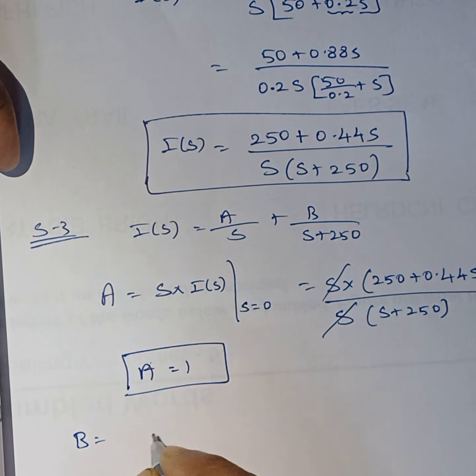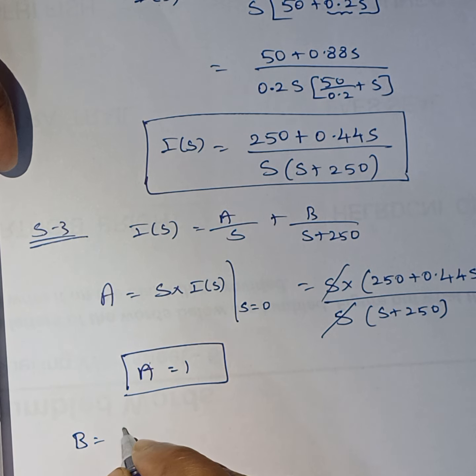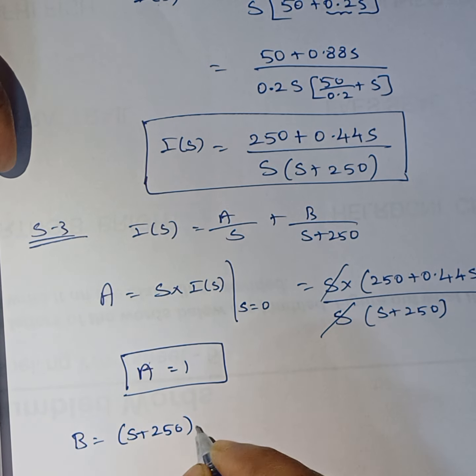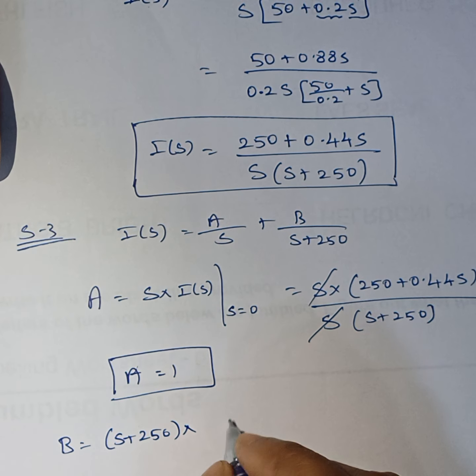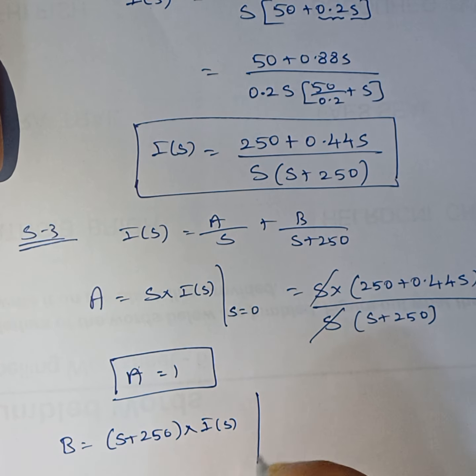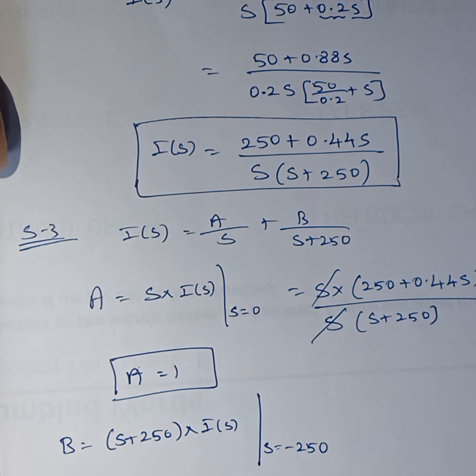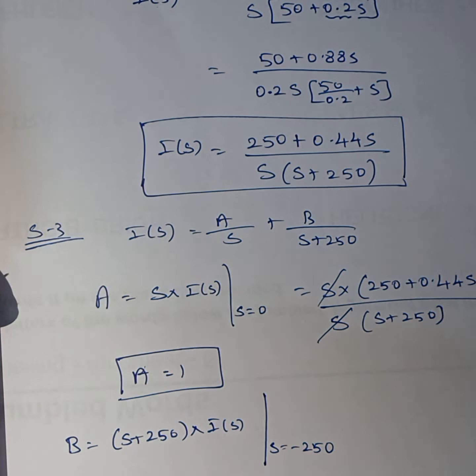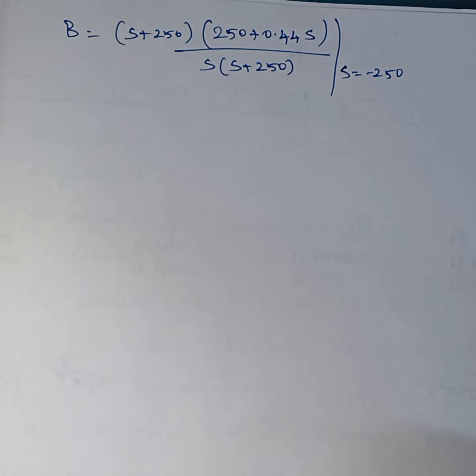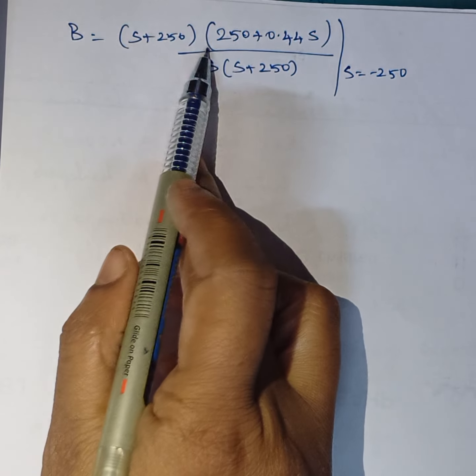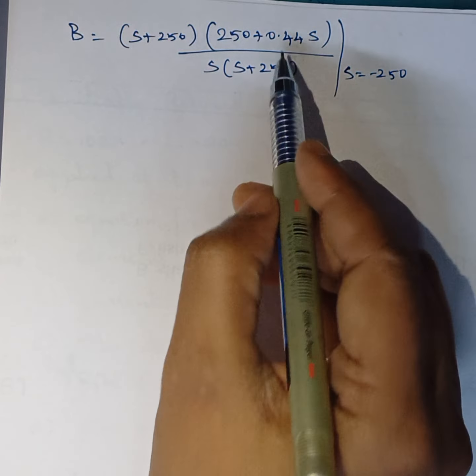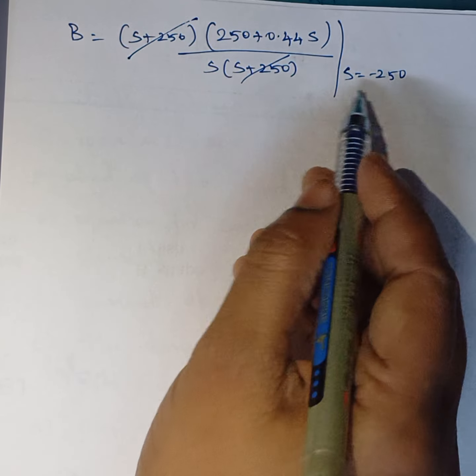Similarly, for B, the denominator of B is S plus 250. So take that, multiplied by the IFS value, at its root, S is equal to minus 250. Okay, see here, S plus 250 into IFS value at S is equal to minus 250. The 250 gets cancelled.